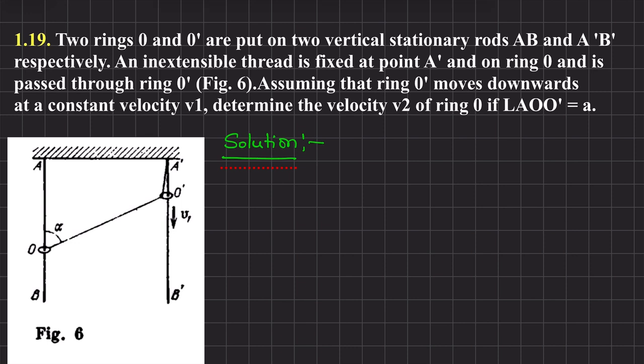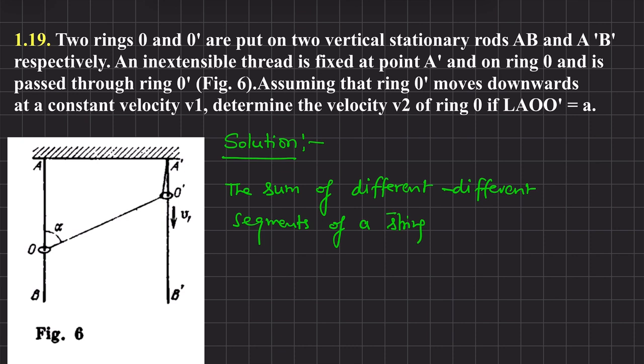It says that the sum of the velocities of approach or separation of different segments of a string would be 0.